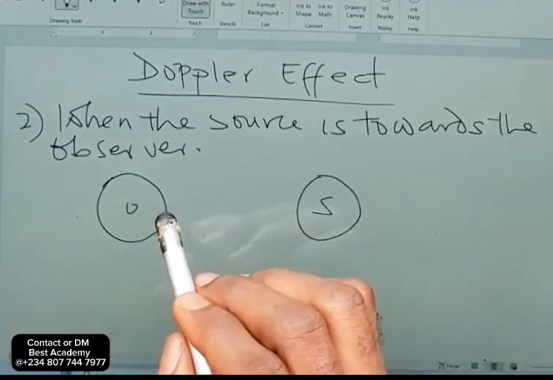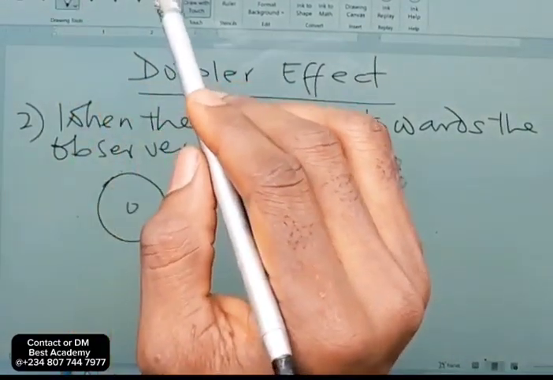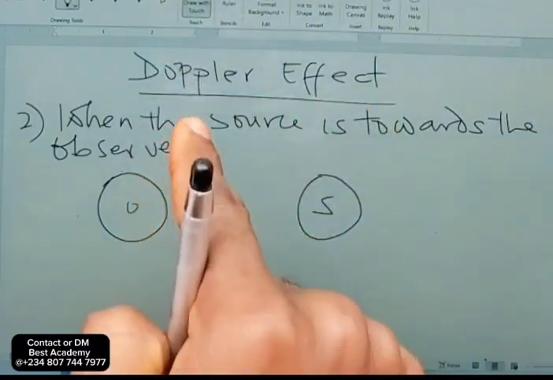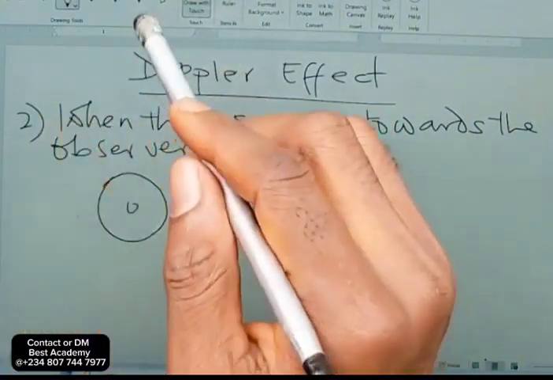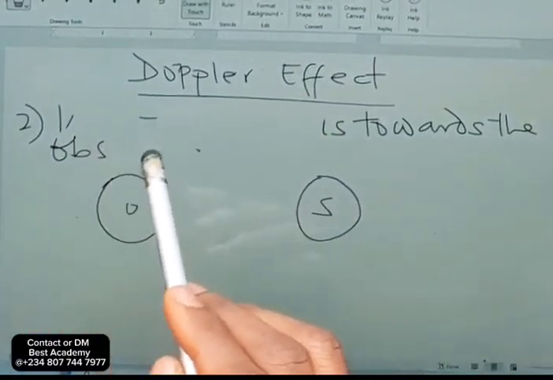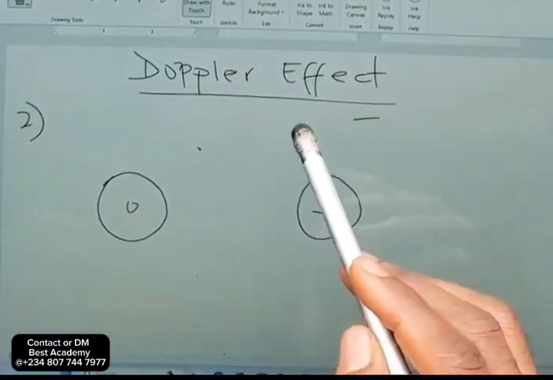So if this when the observer is towards, okay, sorry for that. If you have watched this video to this point, just try to tell me the mistake here. What mistake? Okay, now let me just explain this part here. When the observer is towards the source, that is the second one here.